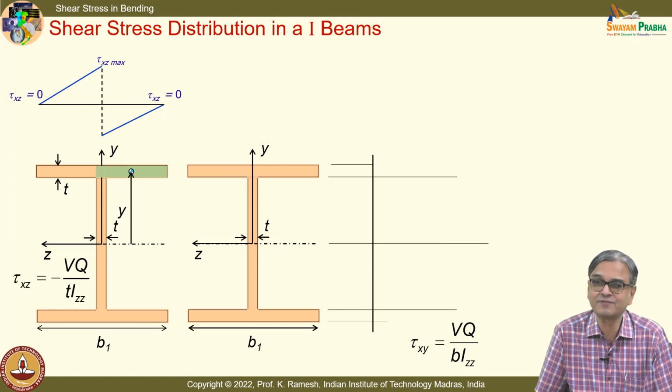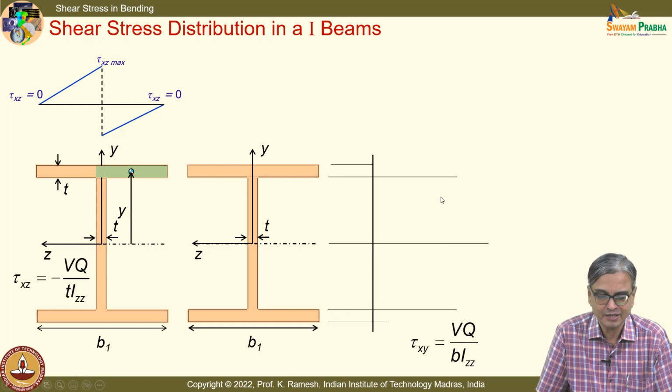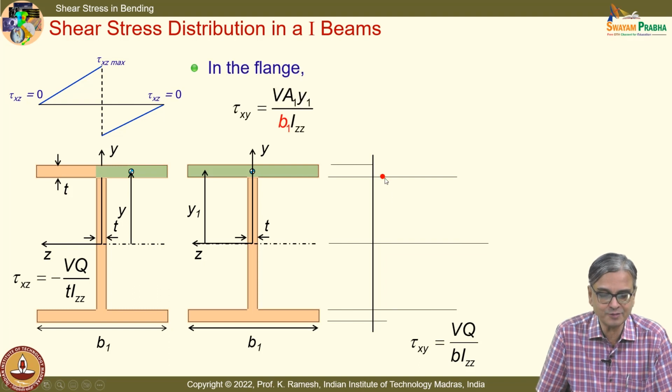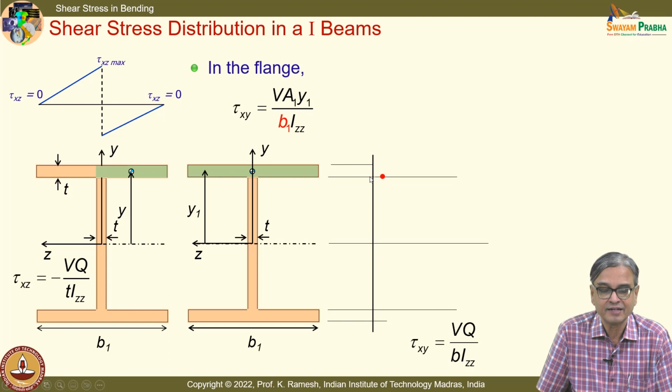And we know that this varies parabolically. I will just put the sketch. So I have this point I can find out, that is V A1 Y1 by b1 Izz, because the width is this much, and when I am making a cut here, the shear stress on the flange will be like this.